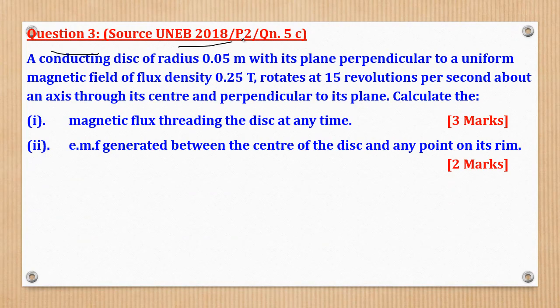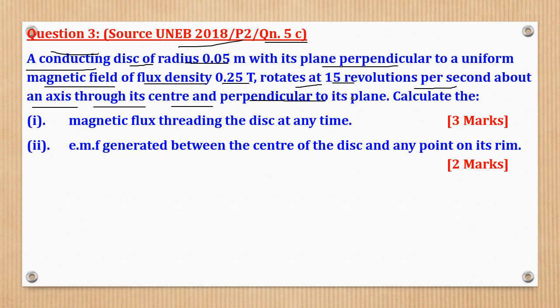Question 3 came from UACE 2018 paper 2, question 5c, and says: a conducting disc of radius this, with its plane perpendicular to a uniform magnetic field of flux density this, rotates at 15 revolutions per second about an axis through its center and perpendicular to its plane. Calculate Roman 1, the magnetic flux threading the disc at any time.